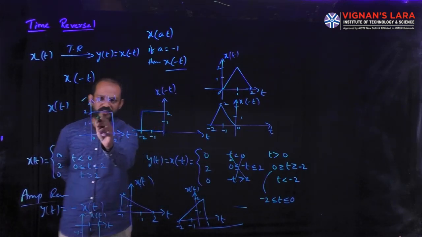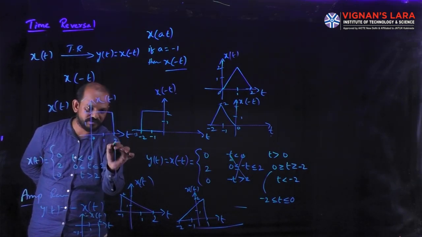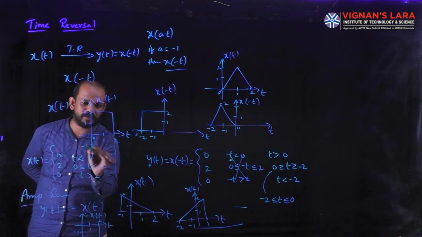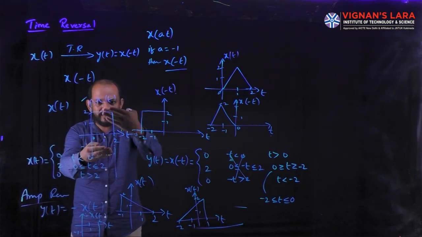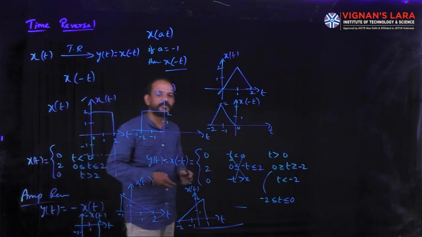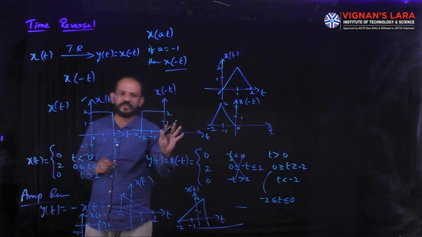So if I want to write minus x of t, simply it will be like this. Minus 1, minus 2. So simply, the signal is folded with respect to the x-axis. That is amplitude reversal. With this, we finished all the operations on signals.